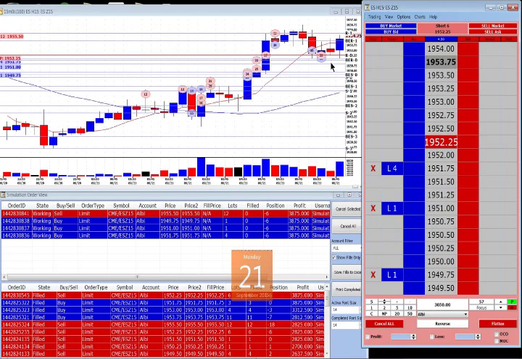So earlier today, we sold 6 contracts. It gets represented here, but we'll stay with one window at a time. And here are the targets.